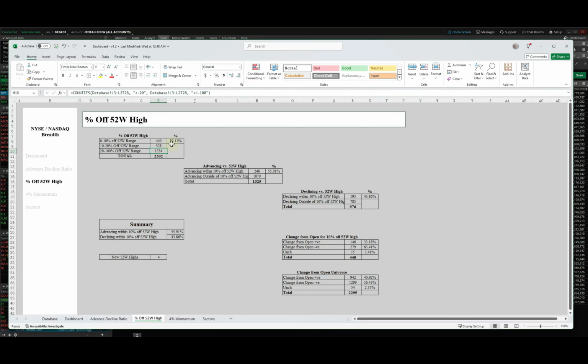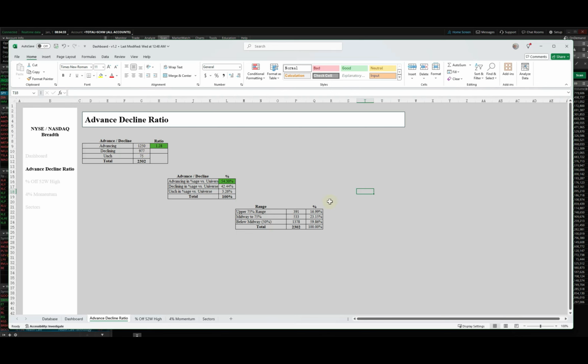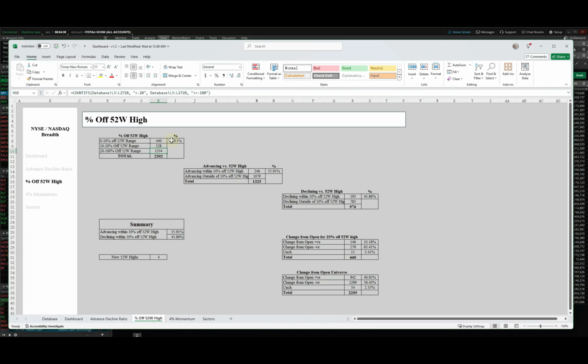So this is not for one day. This number is today's data, and this is also today's data, but it shows the overall market breadth: only 19% of stocks are within 10% of the 52-week high. So it's not very strong. But this is today's data.